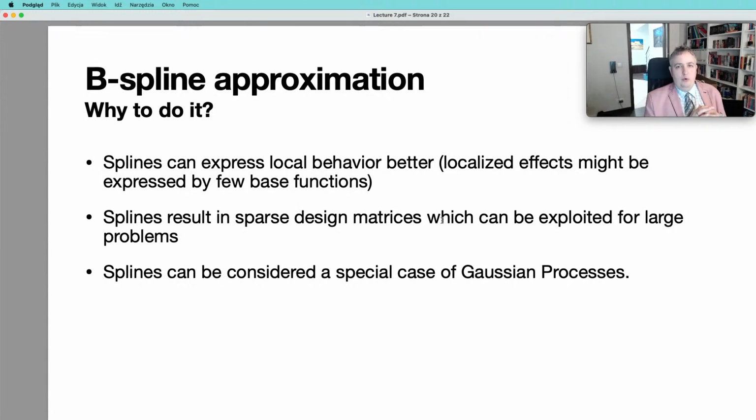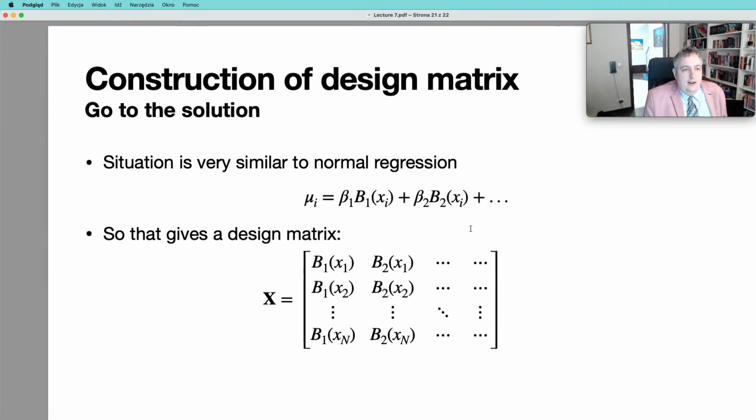Then maybe it will be useful to use that sparsity in order to get faster matrix inverses and so on. And splines are a special case of Gaussian processes, which hopefully we'll be able to say something about later during this course.